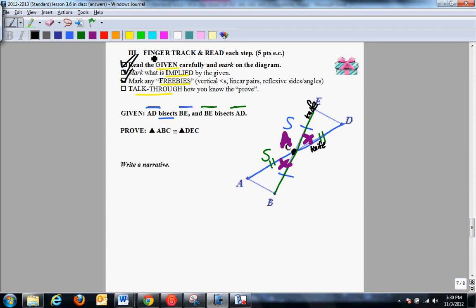Now I want to talk through the problem. Let's see what we're trying to prove. We're trying to prove that triangle ABC, that's this triangle here, is congruent to DEC.